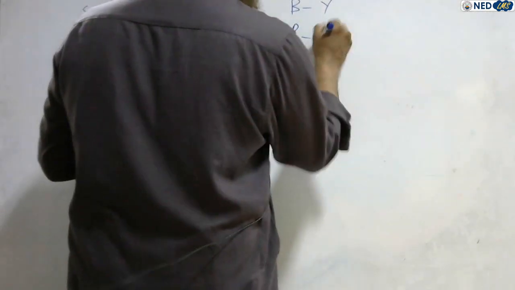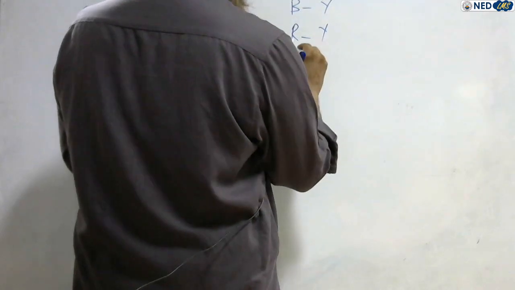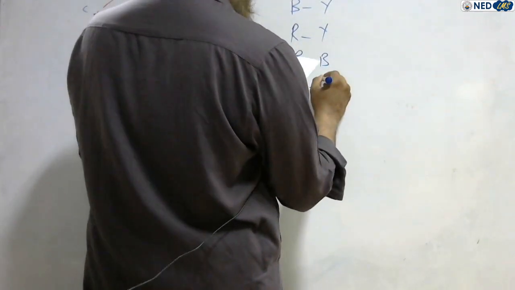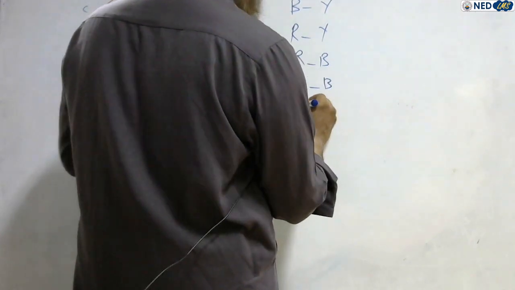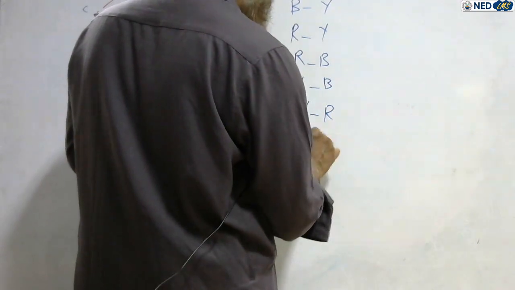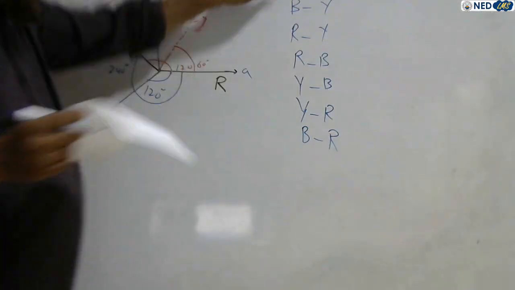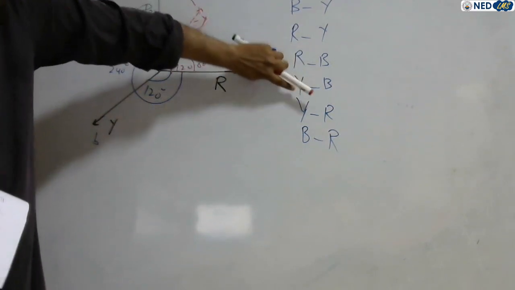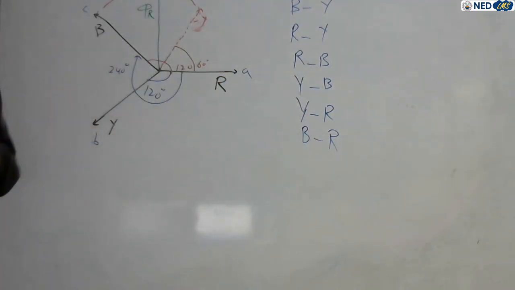You have red minus yellow, red minus blue, yellow minus blue, yellow minus red, and blue minus red, right?